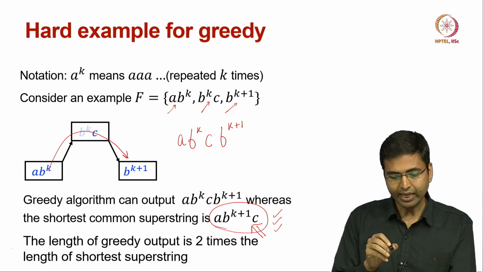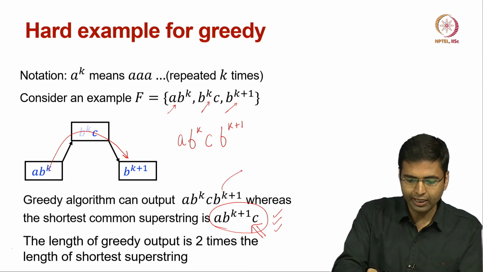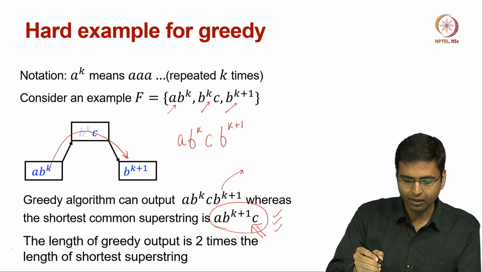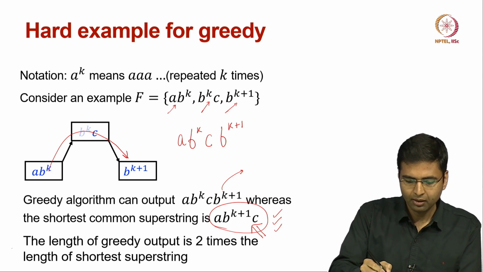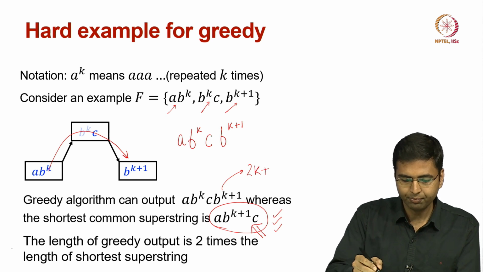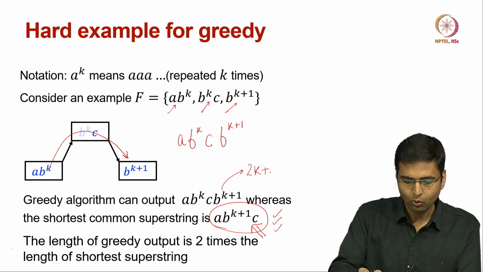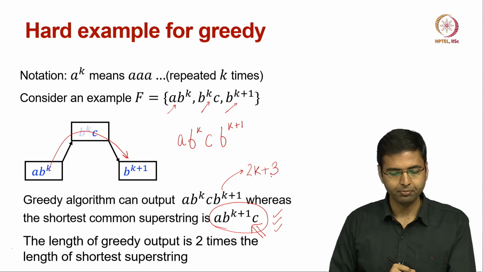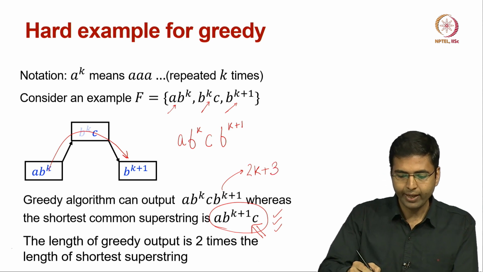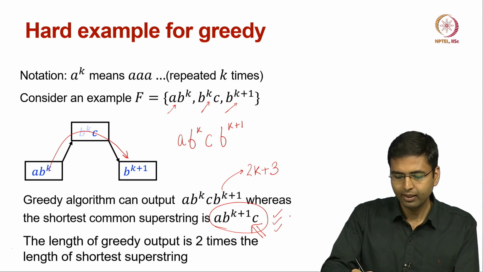And if you actually check the ratio, the length of greedy output is in this case 2k plus 3, whereas the shortest common superstring is k plus 3.